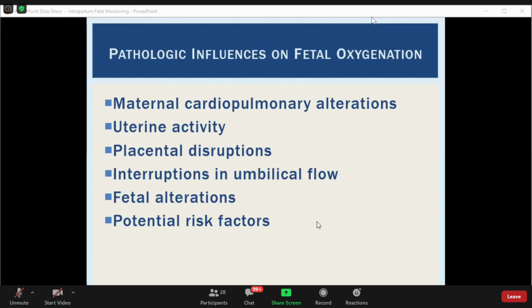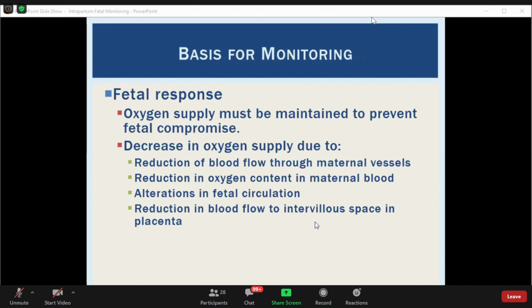You need sufficient fluid to cushion the umbilical cord. So if you have extra, that's not going to create this problem. It's more if you have oligo.